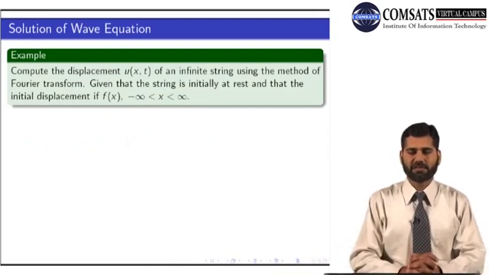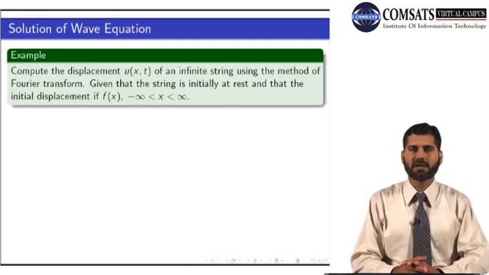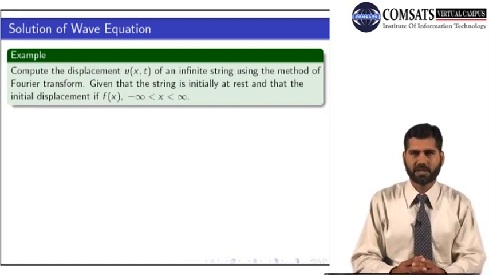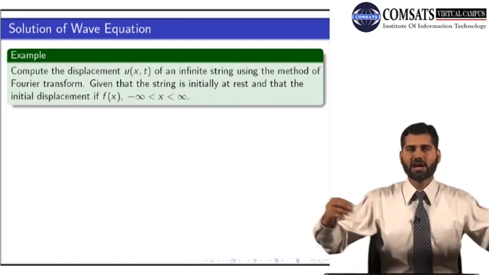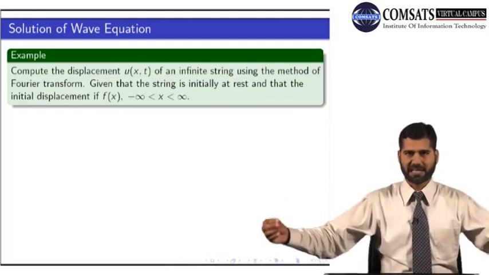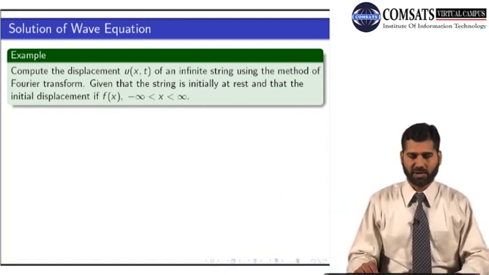Let's consider an example of the wave equation. Example: compute the displacement u(x,t) of an infinite string using the method of Fourier transformation. Infinite string means you are not fixing your string from 0 to L or from minus L to L. You are letting it go from minus infinity to infinity. It's an infinite string.